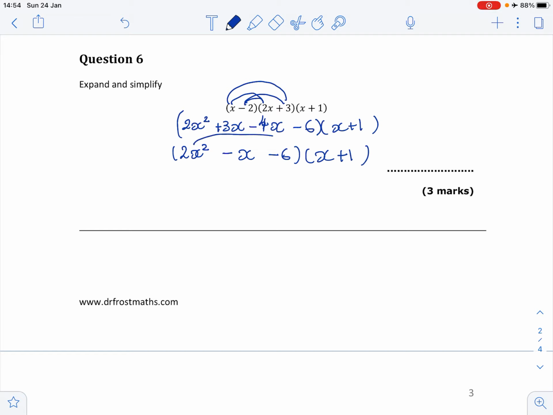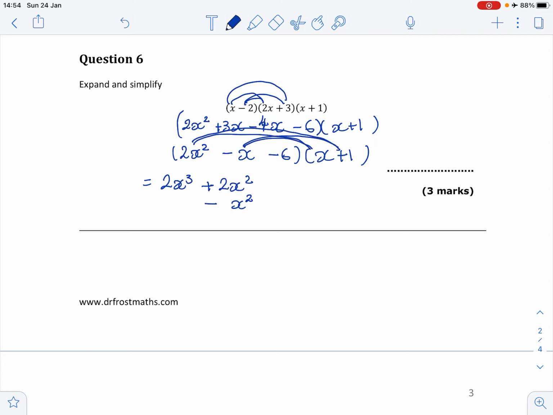Then expand our bracket again. So 2x squared times x equals 2x cubed. 2x squared multiplied by 1 is plus 2x squared. Minus x multiplied by x is minus x squared.